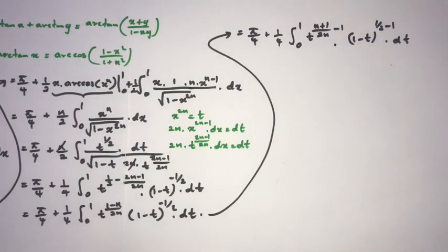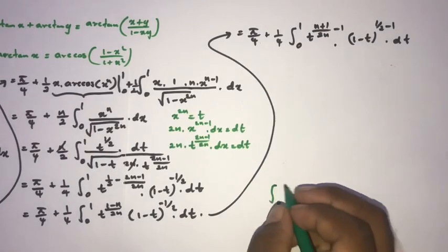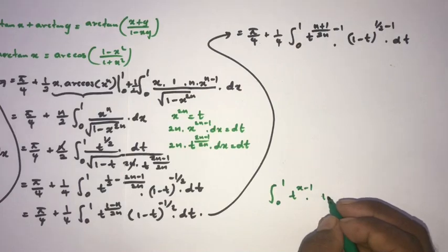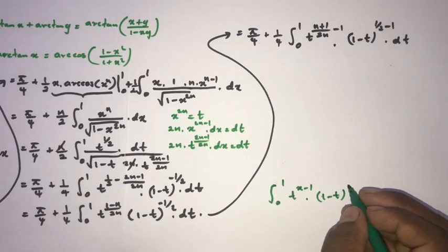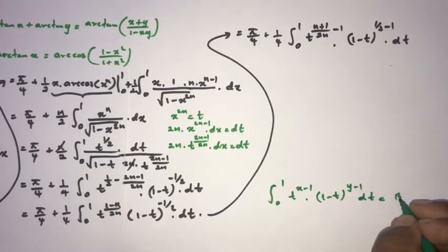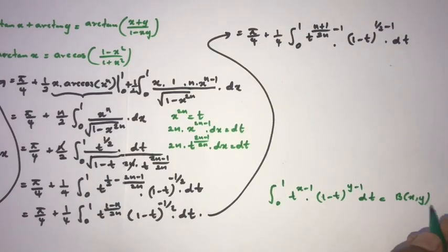Okay, then we know about the beta function, so this is the formula: integral 0 to 1 of t to the x minus 1 times 1 minus t to the y minus 1 dt is equal to beta of x, y.